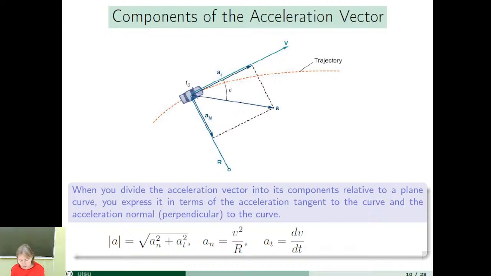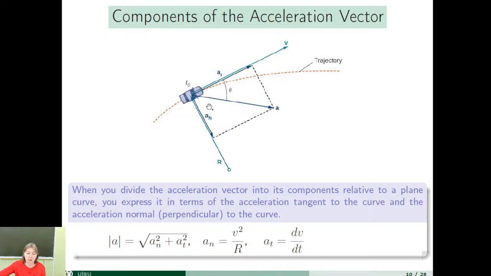When you divide the acceleration vector into its components relative to a plane curve, you express it in terms of the acceleration tangent to the curve and the acceleration normal, or perpendicular, to the curve. Look at the picture.